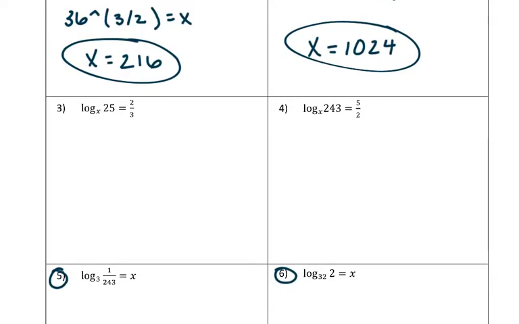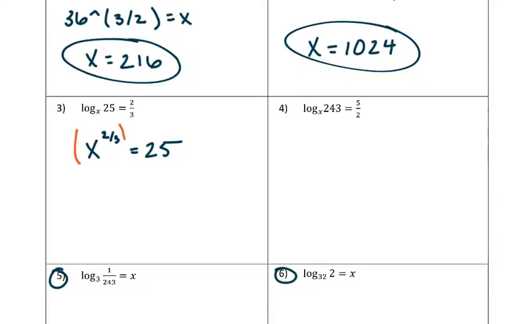All right, so number 3. When x is the base, again, you're going to have to convert. There's really no other option when we're doing these. So we have x to the power of 2/3 is equal to 25. Now the problem is you have to get x alone. In order to get x by itself, you're going to have to take it to an exponent.